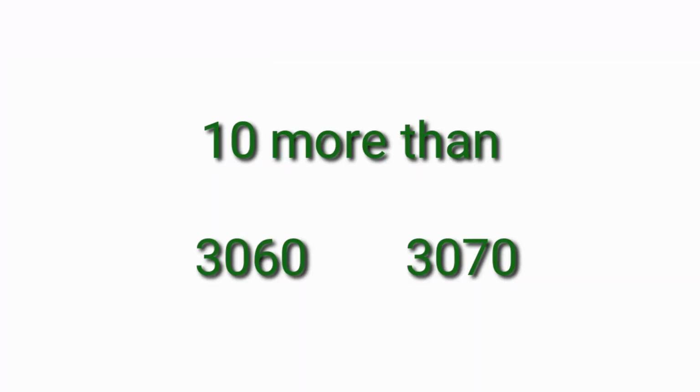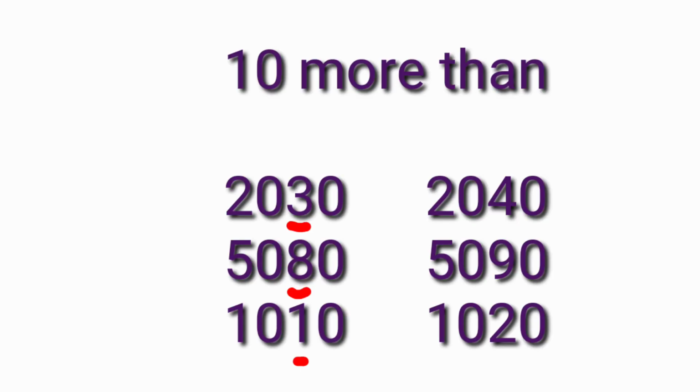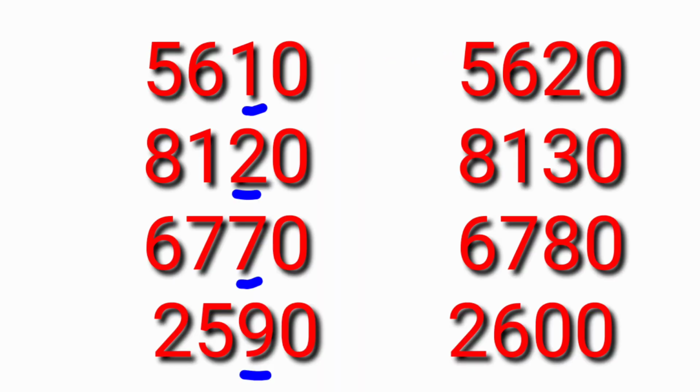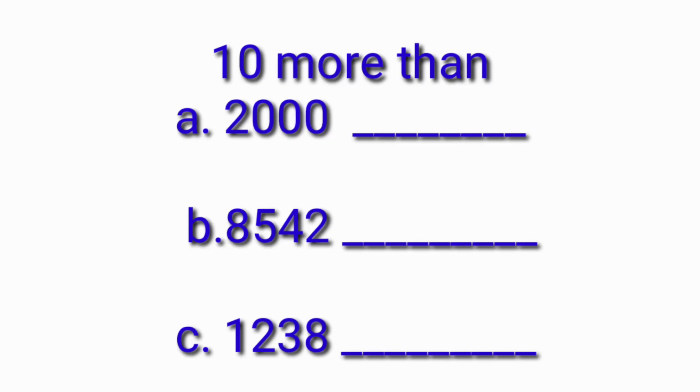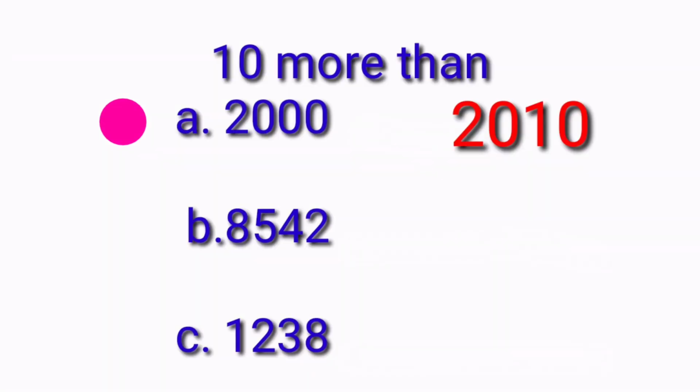To find 10 more than a number, add 1 to the digit at the tens place. Observe these examples. 10 more than. It is very easy, right? 2010. Okay, next number 8542.